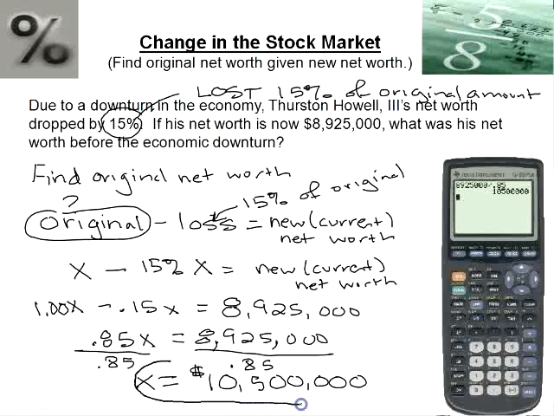Before this economic downturn, Thurston Howell III's net worth was $10,500,000. X is his original net worth before the downturn.